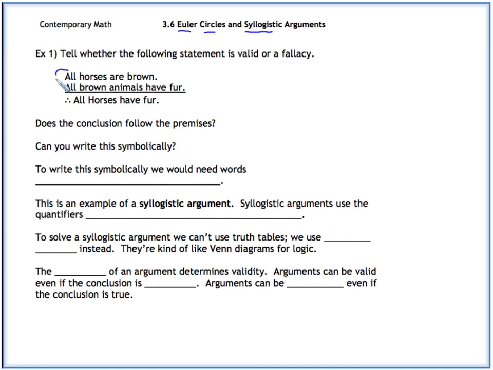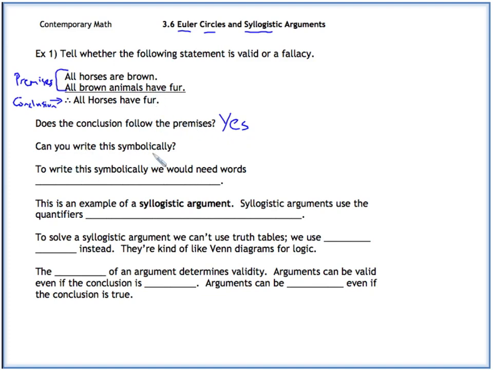So remember, our premises are right up here, and our conclusion is right down here. So in other words, do these two things add up so that you can make this statement? So all horses are brown, all brown animals have fur, therefore all horses have fur. This is yes. The conclusion follows the premises.